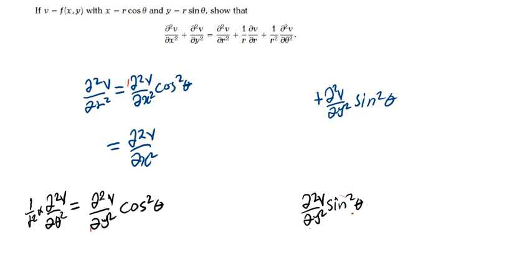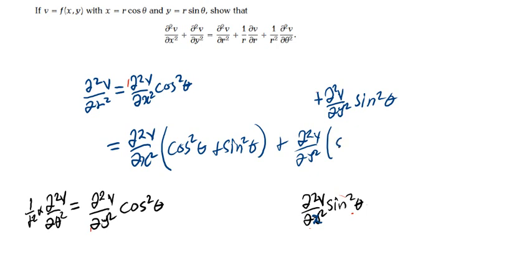Actually, this is x here, not y, sorry. This is going to be an open bracket, like you factor it out: cos squared theta plus this one plus sine squared theta, you close, then plus the second partial of v with respect to y, open, a sine squared theta, which is this one, then plus that one there, plus cos squared theta.